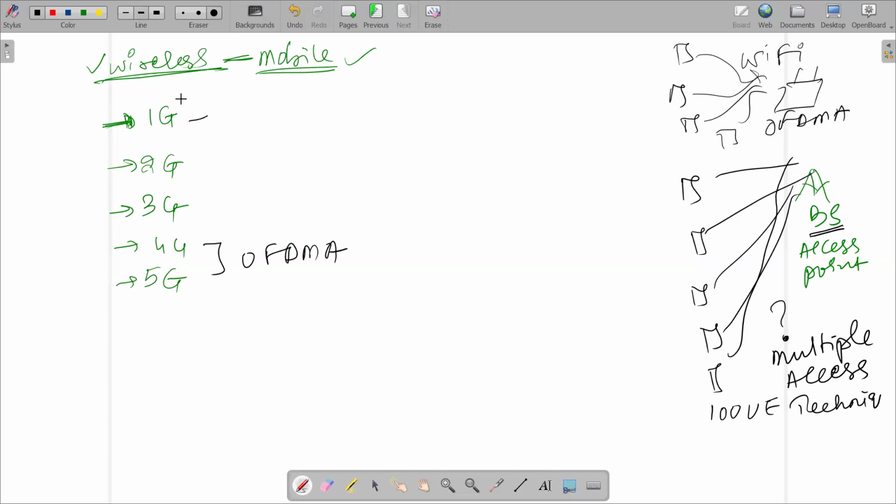In 1G, analog technique FDMA was used. When it comes to 2G, we have two standards: one is GSM, another one is CDMA. CDMA services are shut down everywhere. But this CDMA fundamental concept is brought into 3G as WCDMA, and the core concept is still there in OFDMA, we will see.